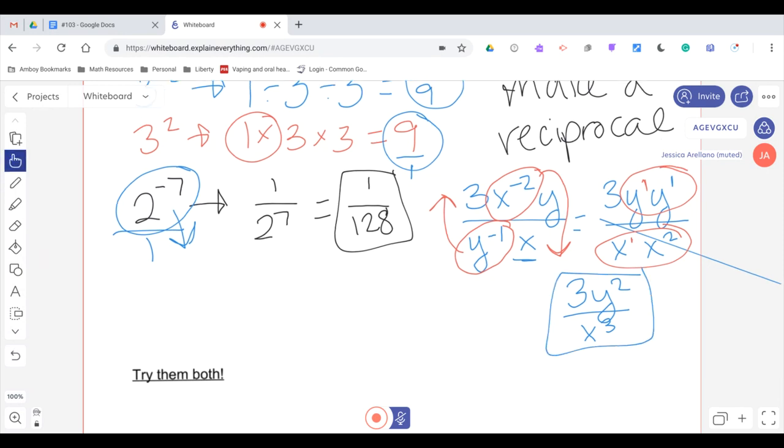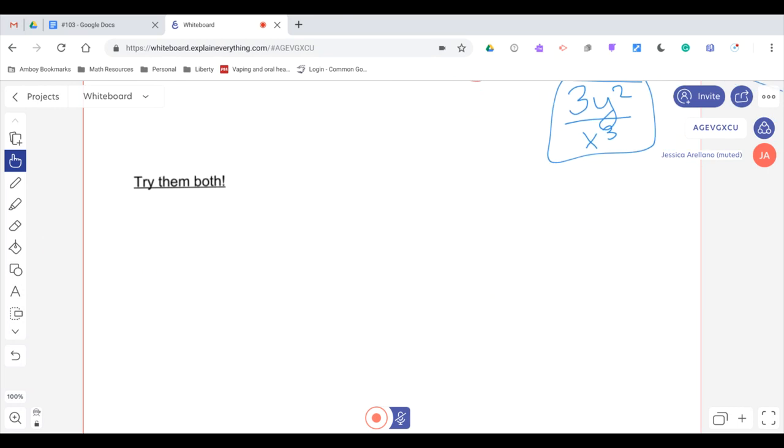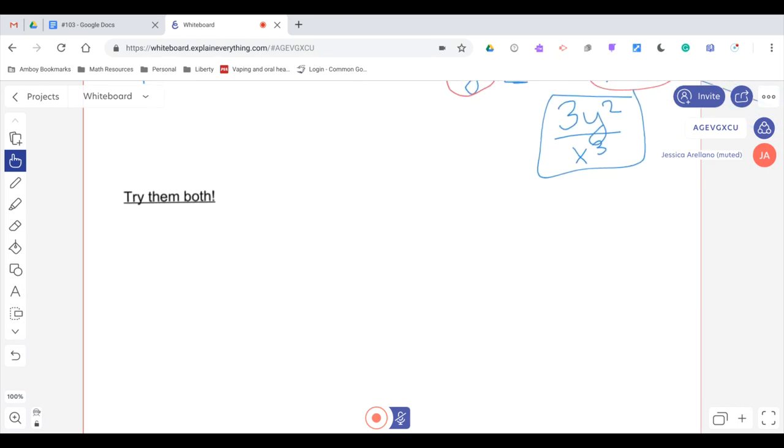Okay. Let's try one example that has both. Sorry, I use a lot of 3s. I don't really know why. 3 squared x to the negative 1 y to the 0.